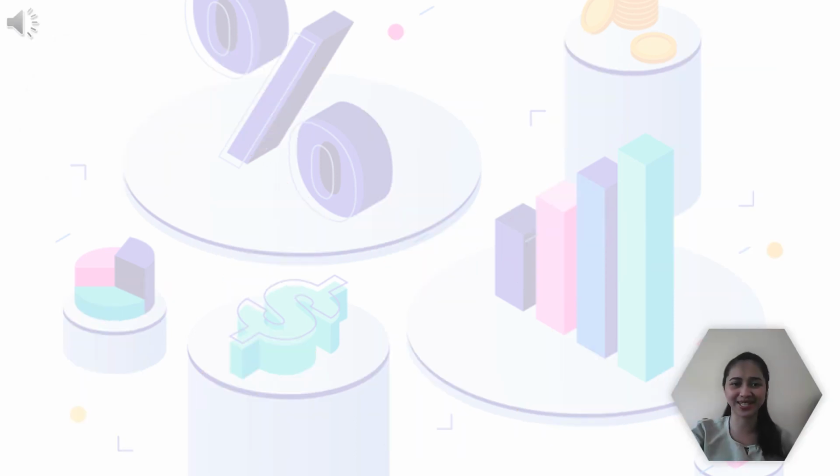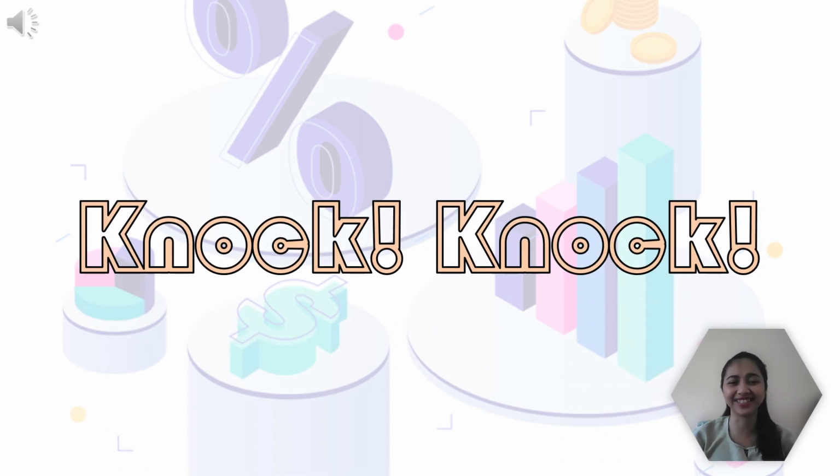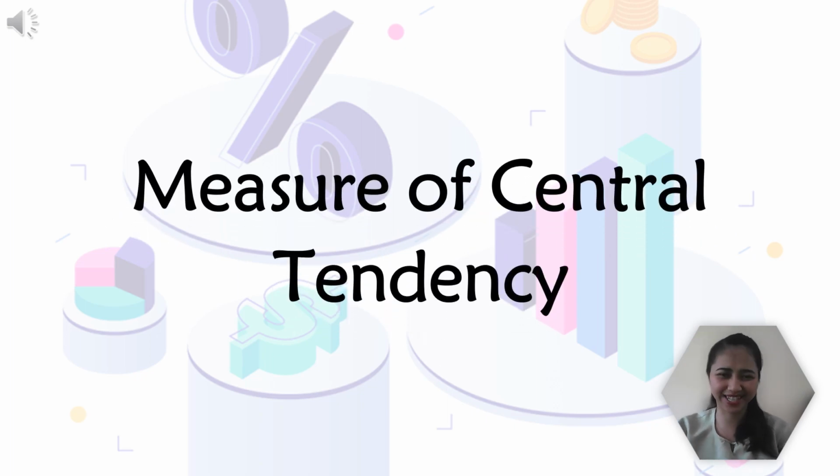Umpisahan natin sa isang knock-knock. Tingnan natin kung magiging masaya sa inyo ang knock-knock na hinanda ko. Knock, knock. Measures of central tendency. Who's there? Make me know the other measure of central tendency.